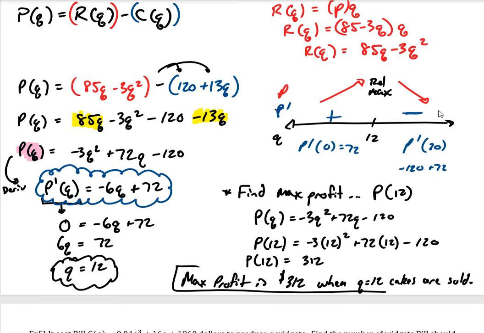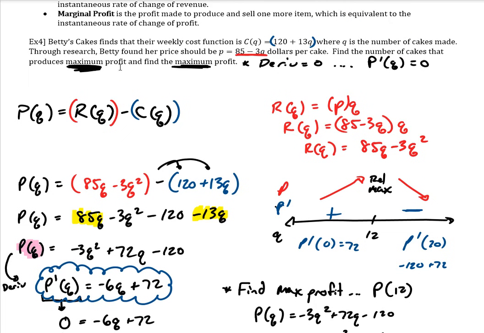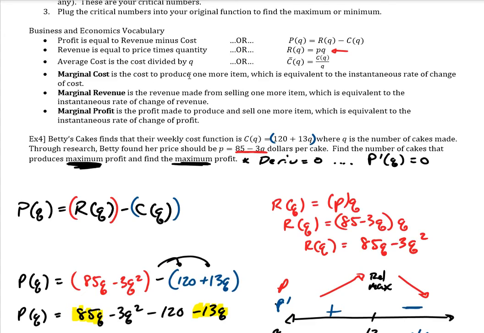Okay, so that's our maximum profit. So for whatever reason, if they sell more than 12, they lose money. So who knows why? Maybe it just costs a little more, maybe they get sloppy and they lose ingredients. I don't know. But something happens there where selling 12 cakes is the ideal scenario for this Betty Cakes. Okay, so that's one example.